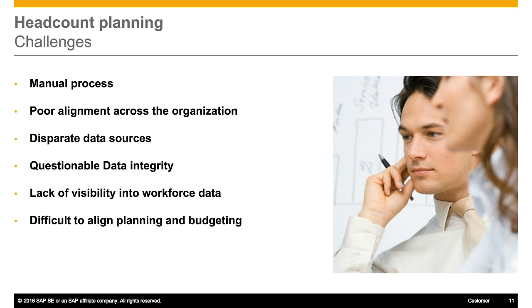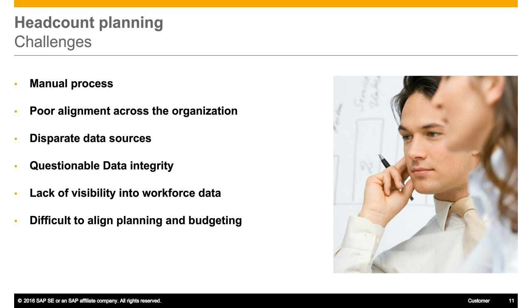And here we have a list of some additional common challenges that we often hear about. You know, we have headcount planning and budgeting is manual, cumbersome, takes too long, and can be error prone. There's poor alignment across financial budget, headcount plans, and organizational objectives, disparate spreadsheets sourced from various systems.